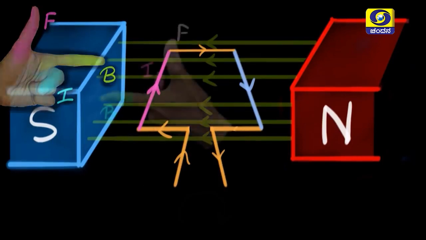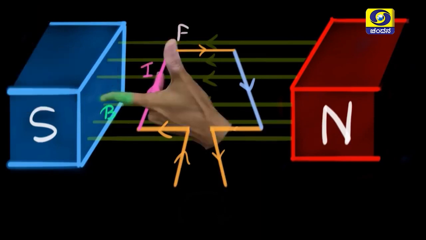The current is moving into the screen. We can see that the mid finger is showing away from you. The forefinger is showing from north to south and the thumb is pointing upwards. That means the pink part of this rectangular coil will move upwards.